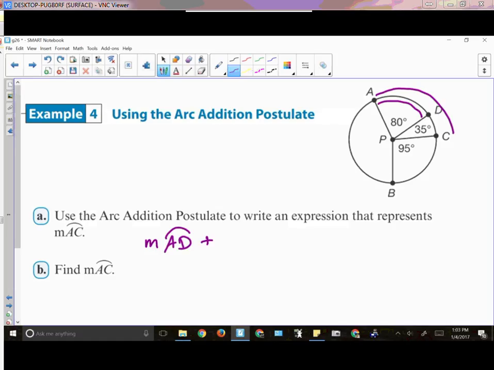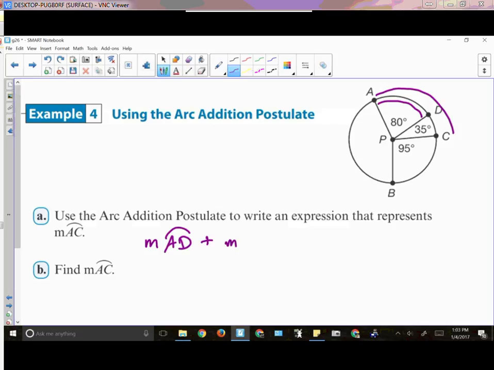I could figure it out if I wanted to, but I'm really not given any information that tells me exactly what that is. Okay? Now, if I wanted to go to AC, I'd have to go to AB and then to BC. That would give me ABC. But generally speaking, minor arcs are just going to start and finish. Major arcs are going to have that third point in there. Okay.